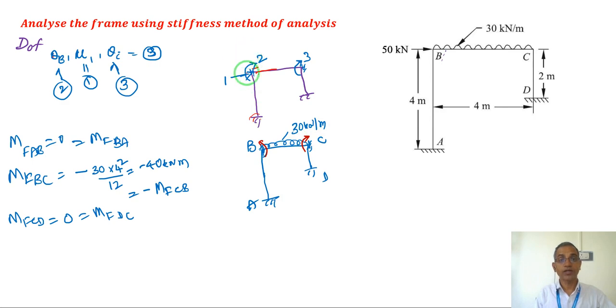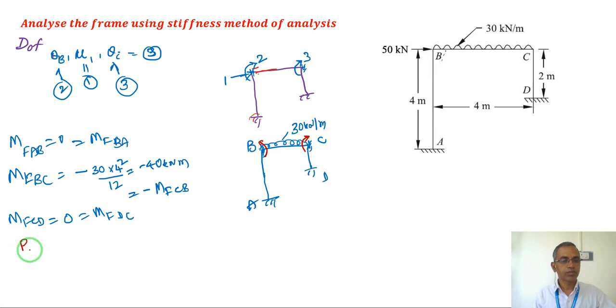Now my coordinates are there: at MFBC I have coordinate 2, at MFCB I have coordinate 3, and I also have a direct load at coordinate 1.